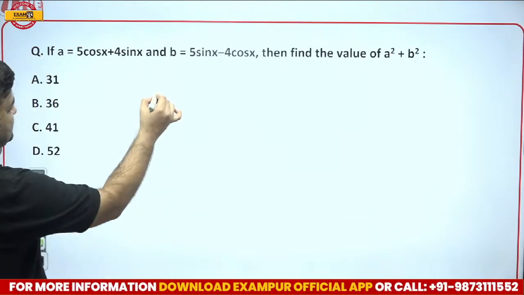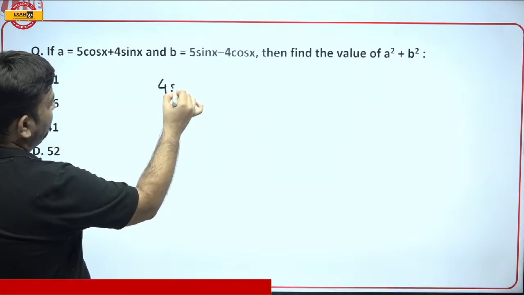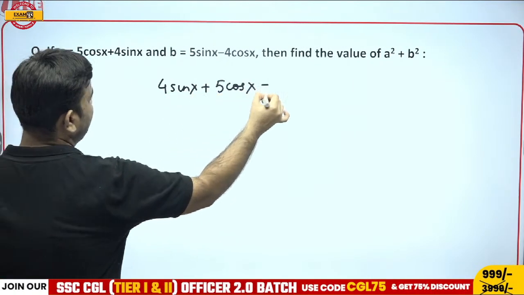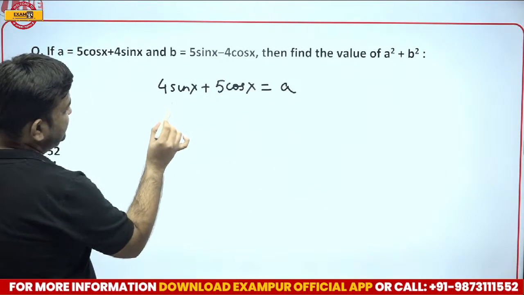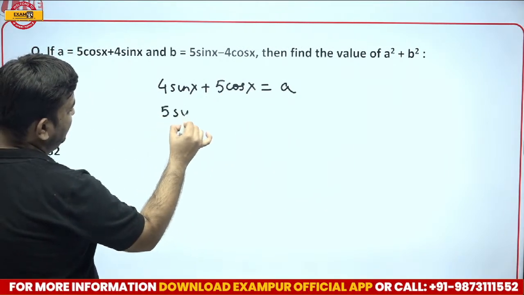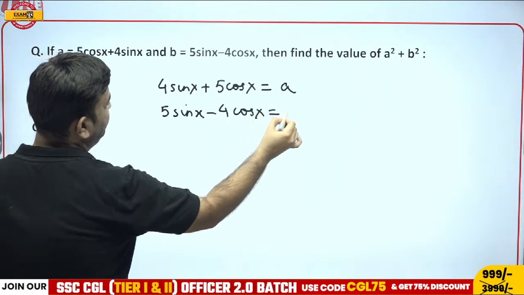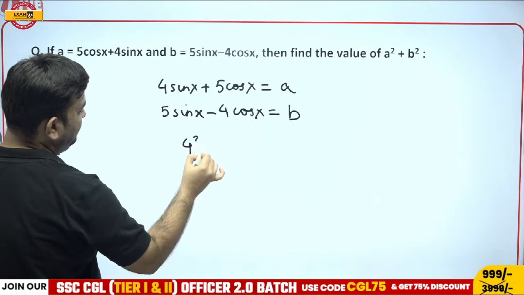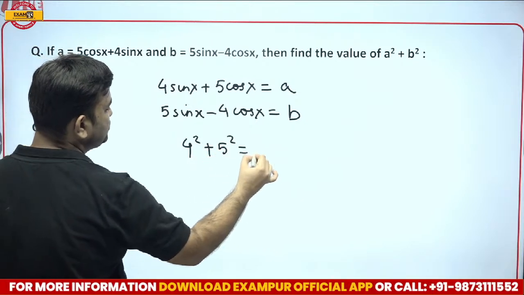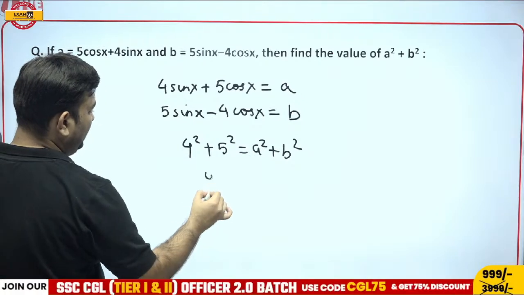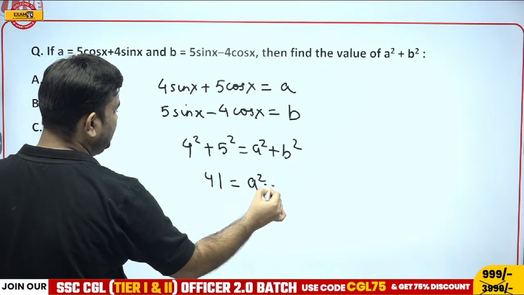The same case. 4 sin x plus 5 cos x is given as A. Change of coefficient, 5 sin x, change of the midway sign is B. So 4 square plus 5 square is A square plus B square, which is 41.